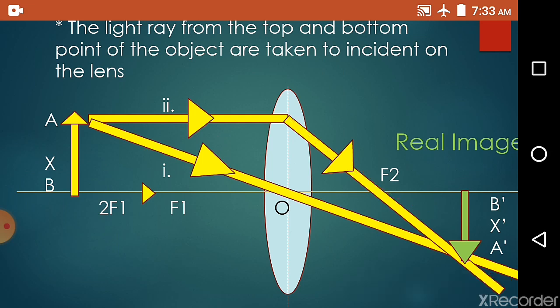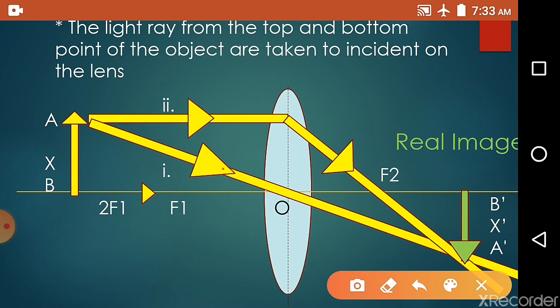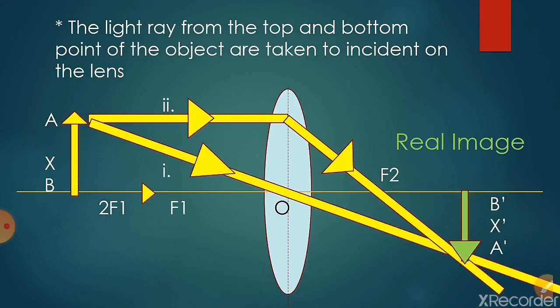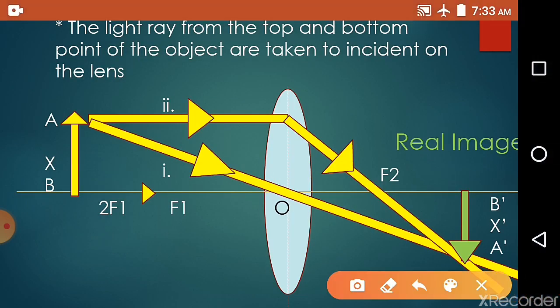And the first principal ray passes through the origin without deviation. So the emergent rays, the rays after refraction from the lens, will meet at a point. See this once again, here they are meeting at this point.